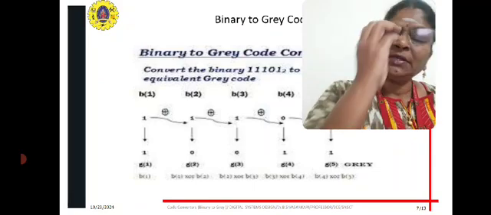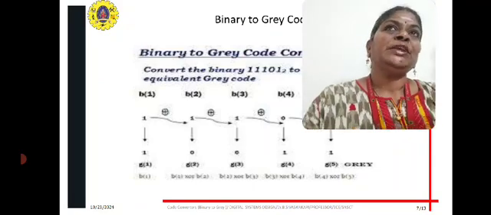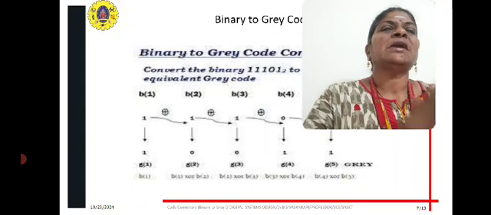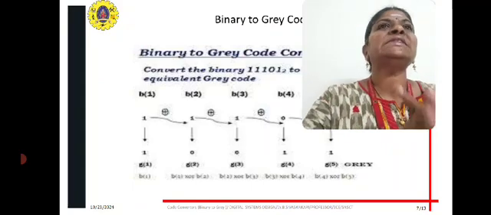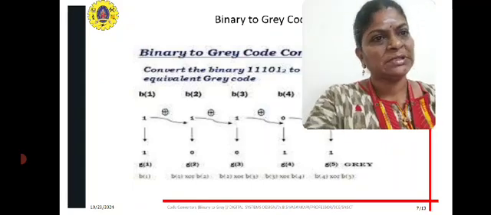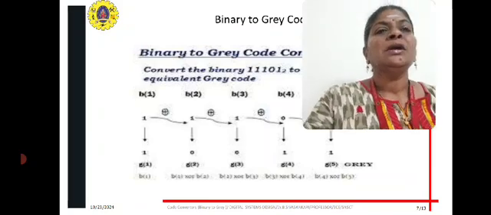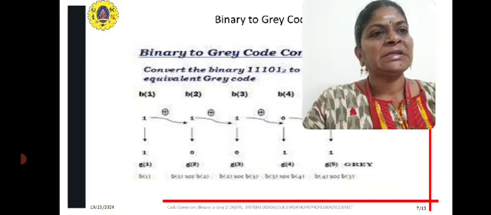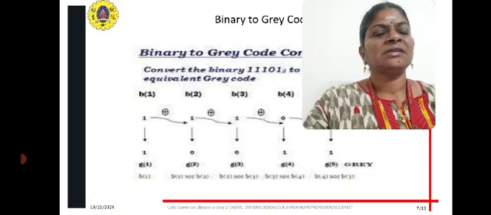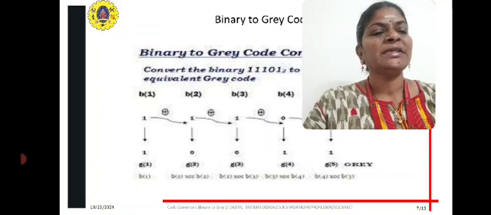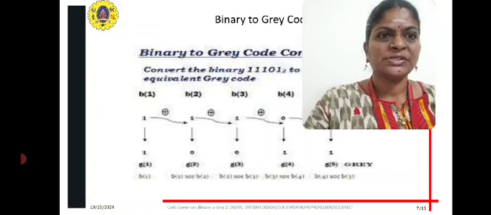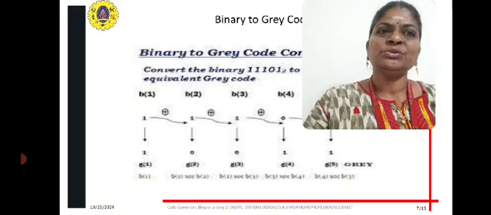So I should know what G1, G2, G3 and G4 are. B1 we can directly take for G1. So B1 is equal to G1. Understood?